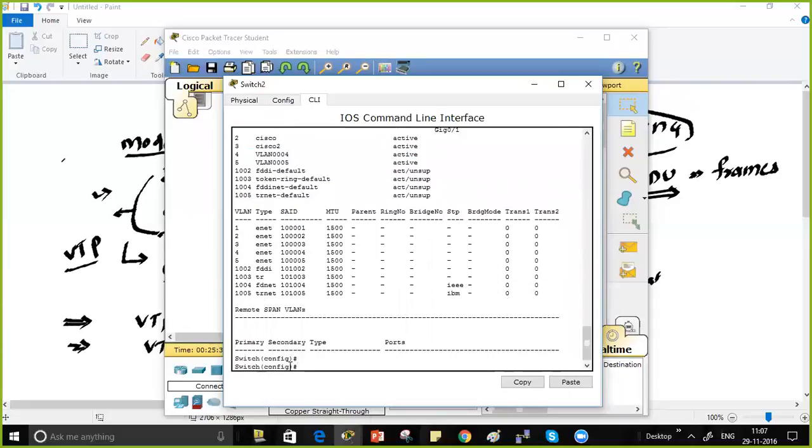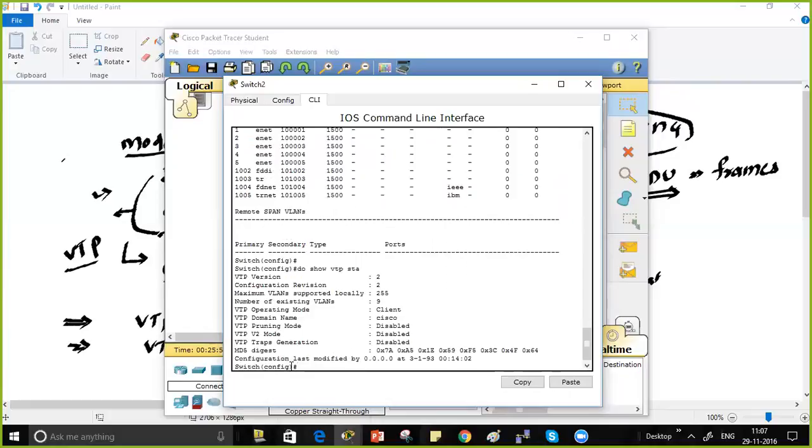How will you check the VTP? Do show VTP status in this configuration mode. See this? The domain name has changed.